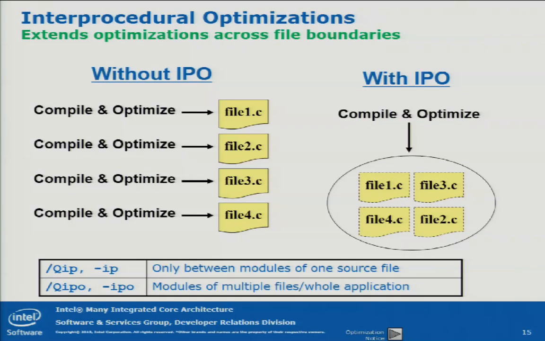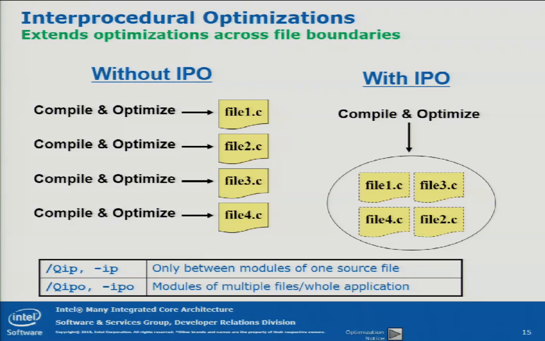This is done a couple of times until all the source code files have been processed. With IPO, basically what we do is take all the source code, put it into a single database, and then at the end of the compilation process, we see all the source code, probably also including libraries, and then optimize the whole set of source code statements. We have two flavors of it, IP and IPO.